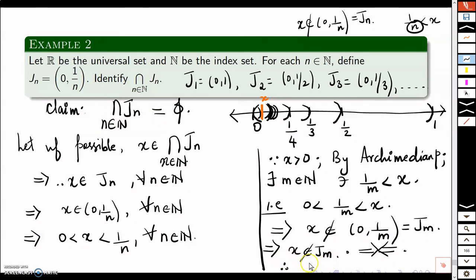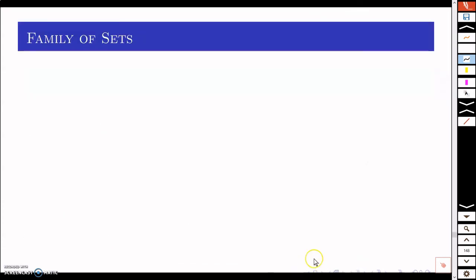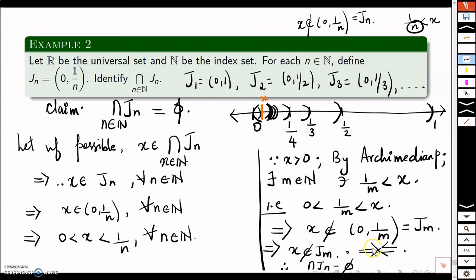And therefore the intersection of all the Jn's, when you take it, is going to be an empty set, where n is varying over the set of natural numbers. All right, so for all natural numbers n, this intersection is nothing but an empty set. So that finishes example number 2.